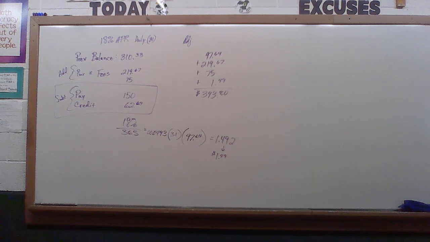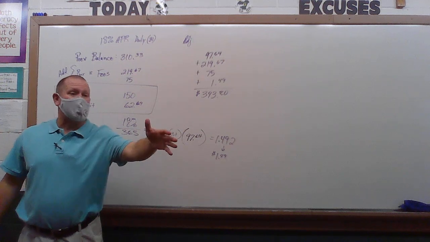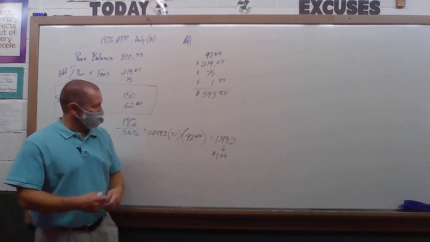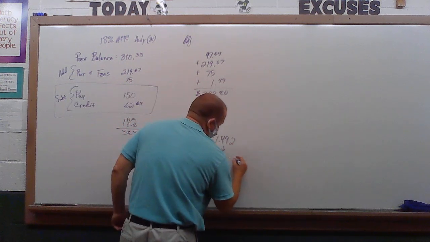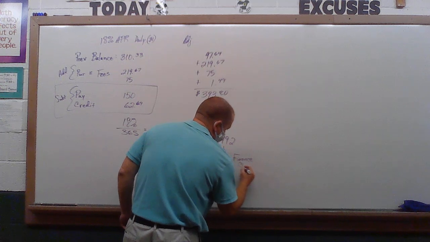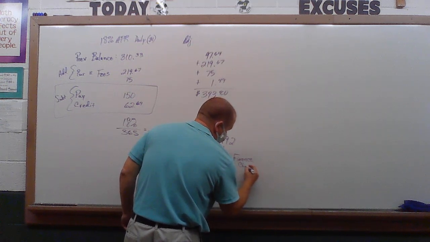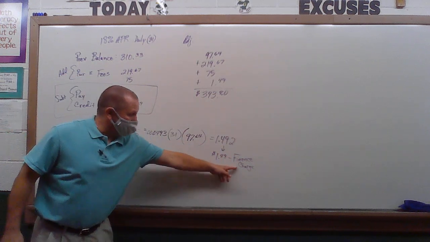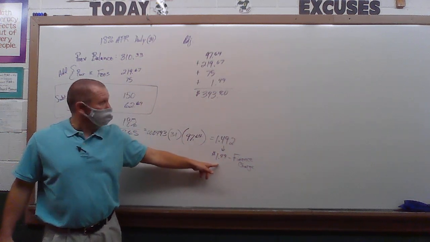So again, we like this because realistically, it's the exact same process. It just makes this number go down a little bit. Vocabulary-wise, you just have to know those things. This is my finance charge, or the amount of interest I'm going to pay.